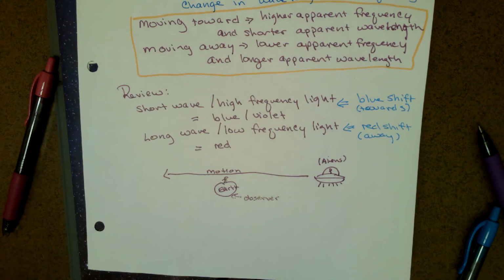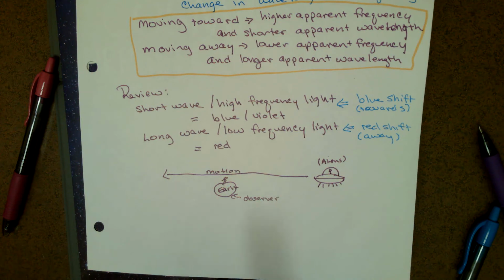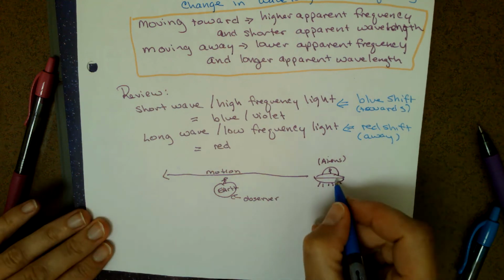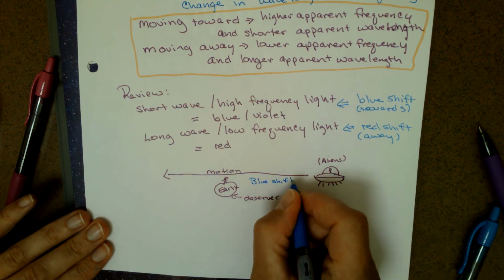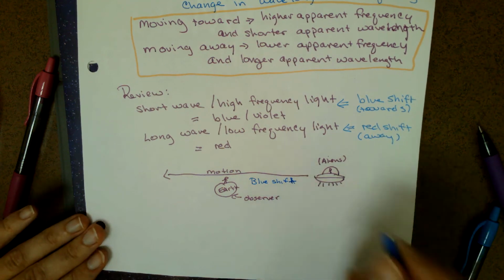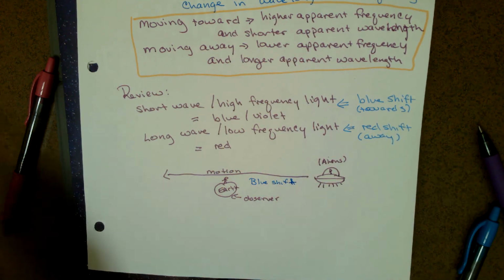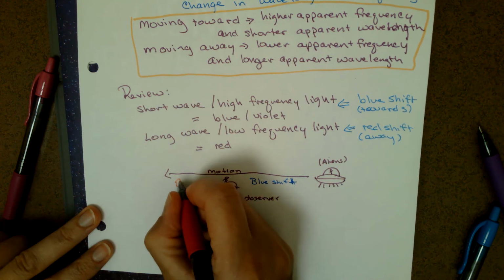So somebody's out in the desert in Nevada. What are they going to see? If you said both red and blue shift, then you're absolutely correct. As it approaches, this would be our blue shift because it's getting closer. And this is our red shift.